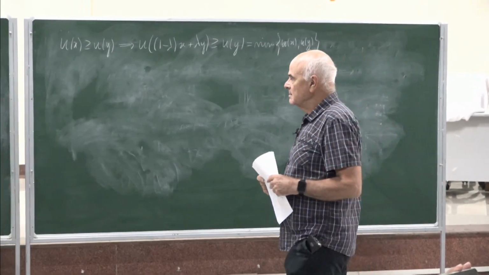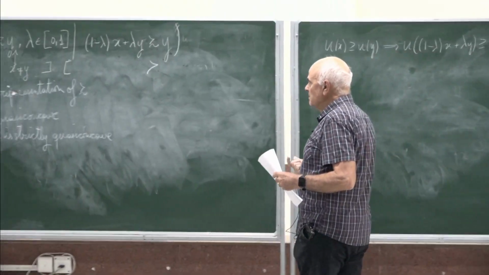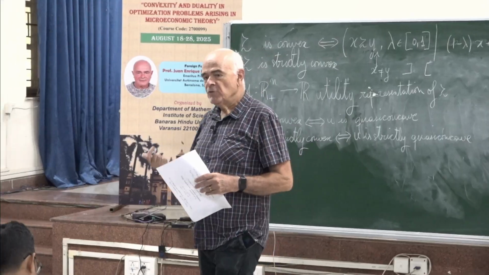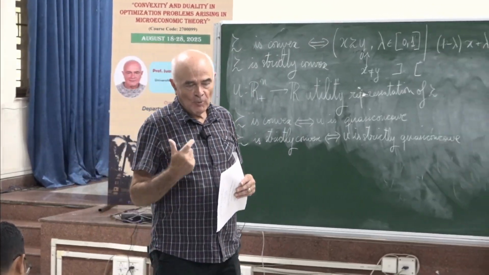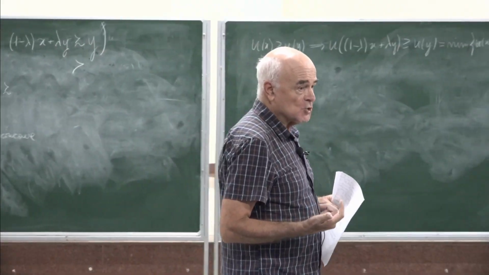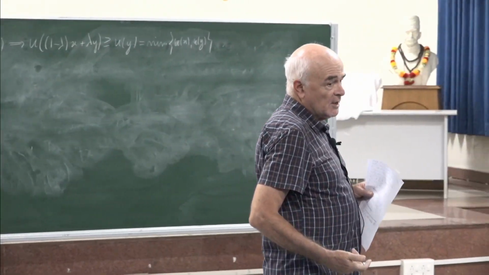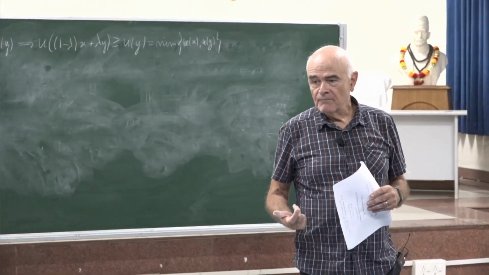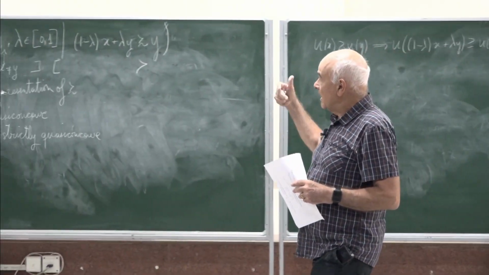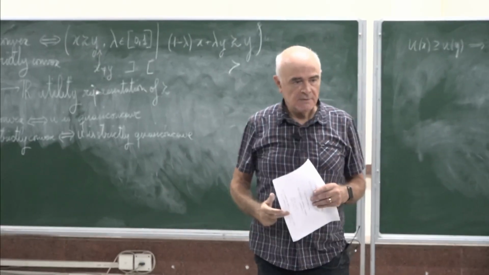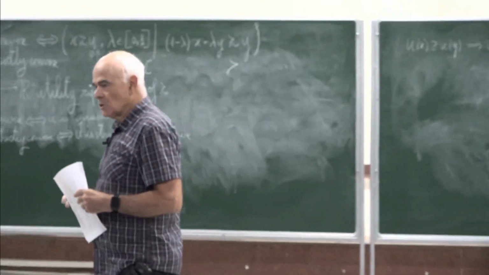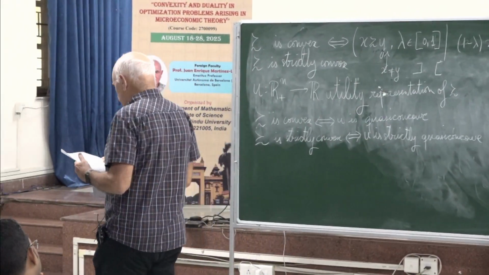And then we would like to obtain our most preferred commodity bundle subject to our budget constraint. We have a limited amount of money, and with this limited amount of money, how much utility can we obtain? The larger the utility, the better for us is the consumption bundle, okay?